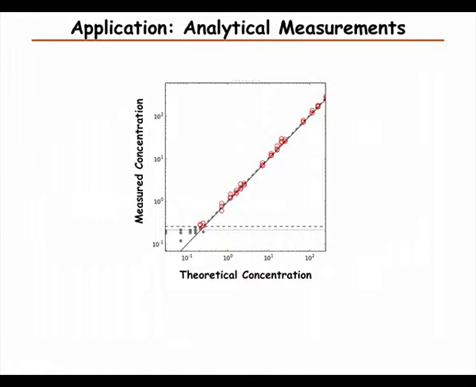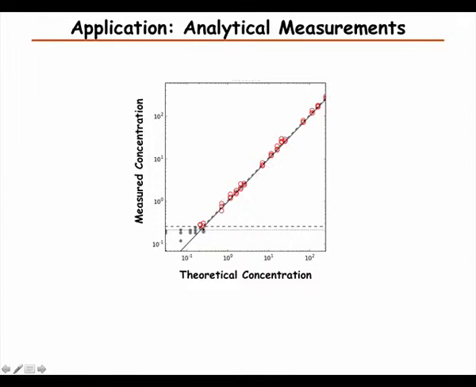A typical thing would be to do a titration curve, as is shown here. This is quite an ideal case where, over 2 orders of magnitude, you have a linear correspondence between the theoretical concentration and the measured concentration, and also they lie on the identity line.